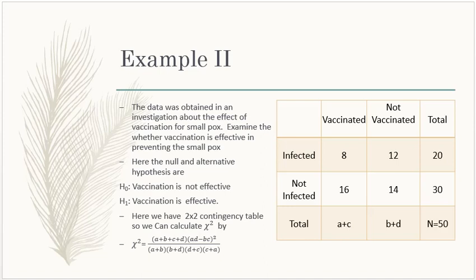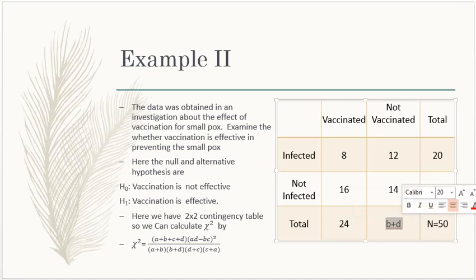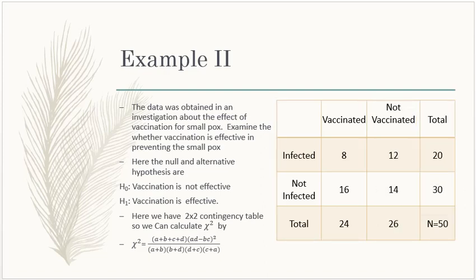You can find the expected frequencies. Then you go for it. So this value is 8 plus 16, you got it to be 24. Here B plus D, so this is 12 plus 14, so 26. So total it is 50. So you can use this value table.